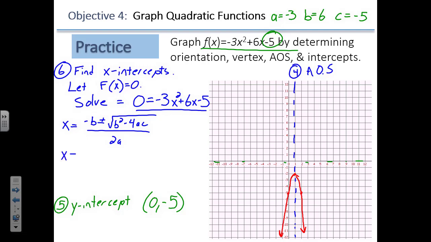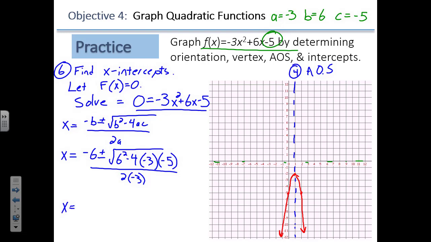And so in our case, x is equal to -b, which is -6, plus or minus the square root of 6 squared minus 4 times -3 times -5, all over 2 times our a value, which is -3. If we clean that up, we get x equals -6 plus or minus the square root of -24 over -6. Now, 2 things I want you to notice here.